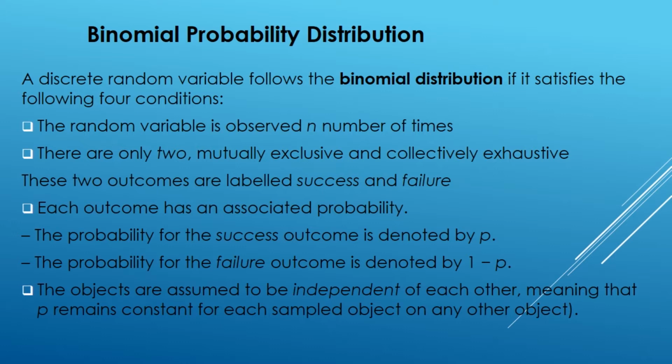If we look at the other condition, each outcome has an associated probability. What is the probability of tossing and getting a head? It's 50%. What is the probability of tossing and getting a tail? It's 50%.